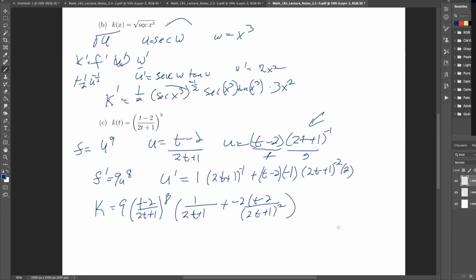And there you go. Now, could you simplify this? Sure. If I simplify this, I just multiply this top and bottom by 2t plus 1, which would probably give you what you guys would get if you just naturally did the quotient rule, to be honest.